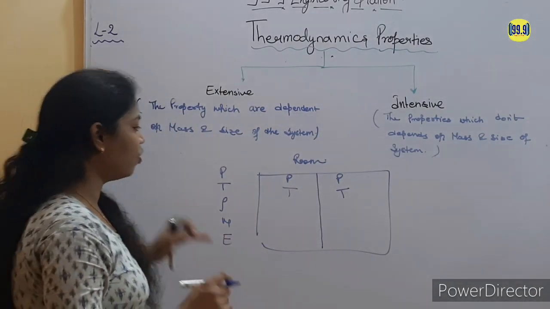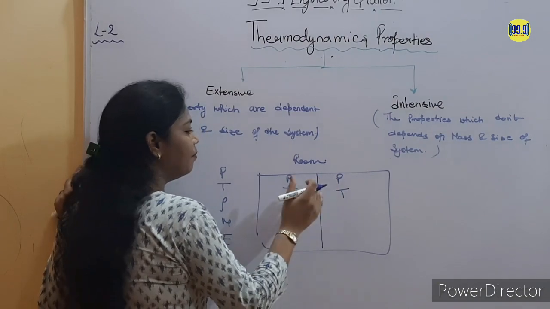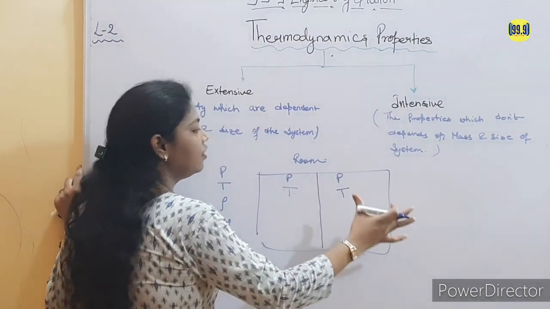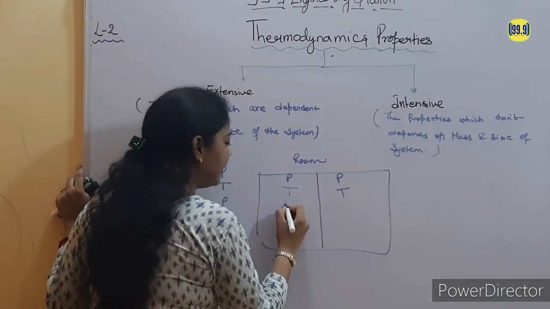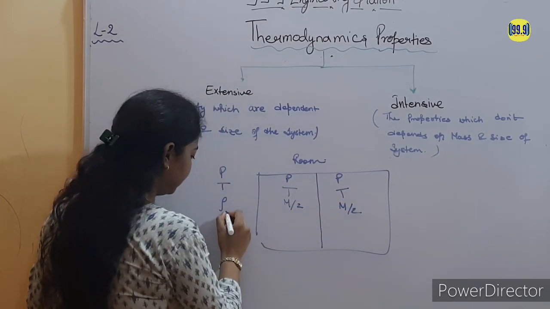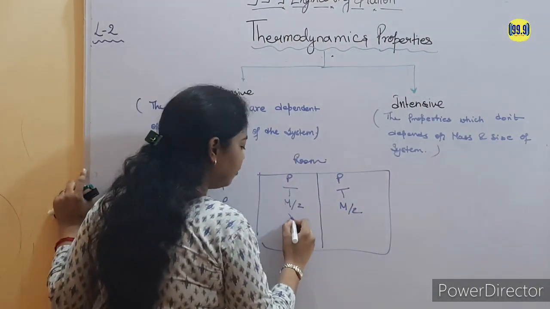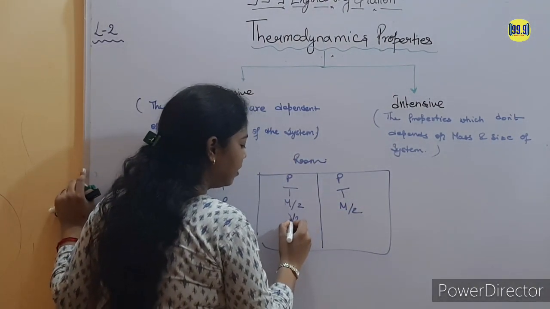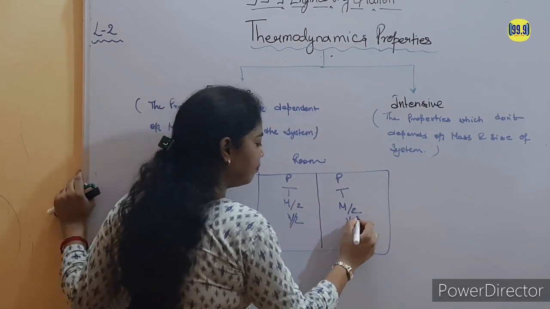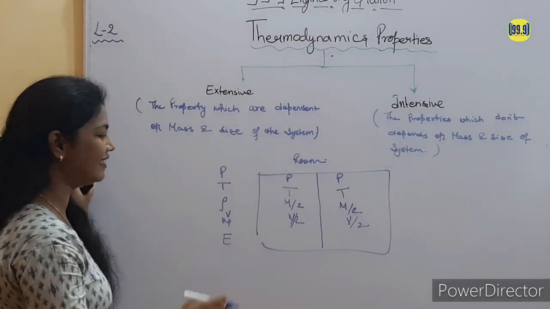If we talk about the molecular mass, the molecules are divided into two portions, so it will be half. Then another parameter is volume. If the volume is divided in two parts, it becomes V upon 2 and V upon 2.